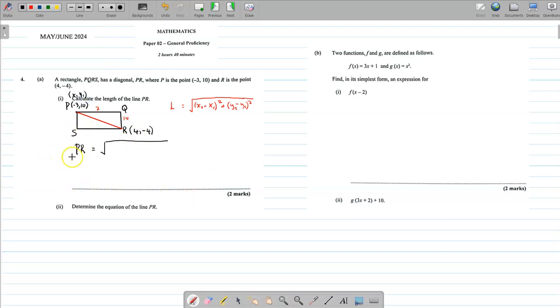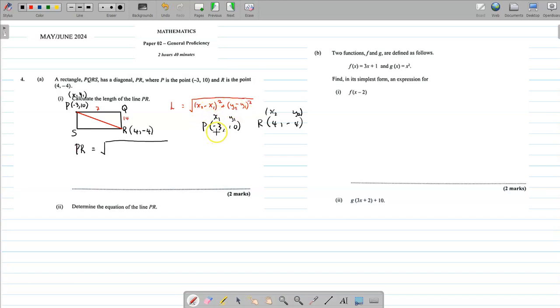So P is (-3, 10). We're going to label this as x1, y1, and then R, point R is (4, -4). So we're going to label this as x2 and y2. Okay, so it means that we can use the length of the line formula.